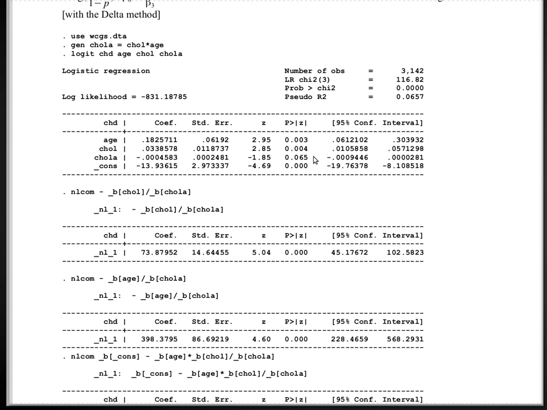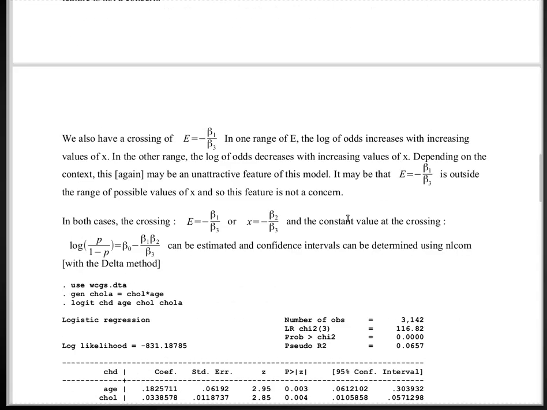Let's take a look then at the various pieces involved. Sure enough, we can take the minus of the coefficient associated with cholesterol divided by the coefficient associated with the product. What is that in this instance?